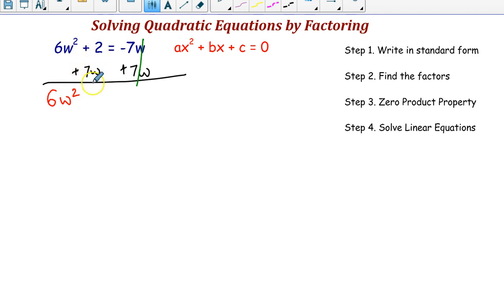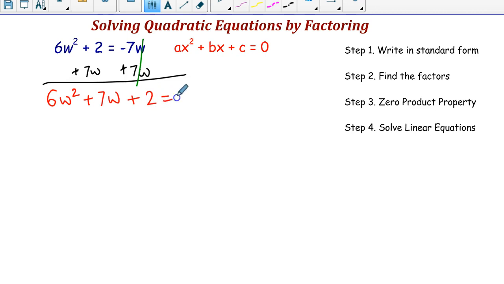I cannot do anything with the 2 and 7w. You can't add them because 2 is a constant term and 7w is a term with a variable w. So you just bring down those two without adding. Just write down 7w. So I'm maintaining that order.